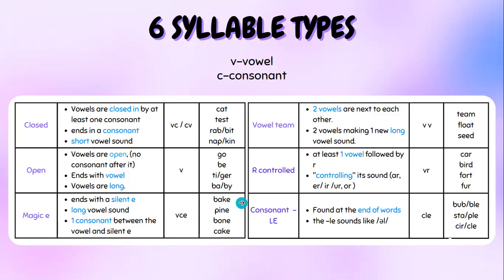Magic E words always have a long vowel sound, but the E is always silent. What that means is that this A will be a long A, and we don't pronounce the E. So we don't pronounce it as bakey or bakey, we pronounce it as bake, because the E is silent.